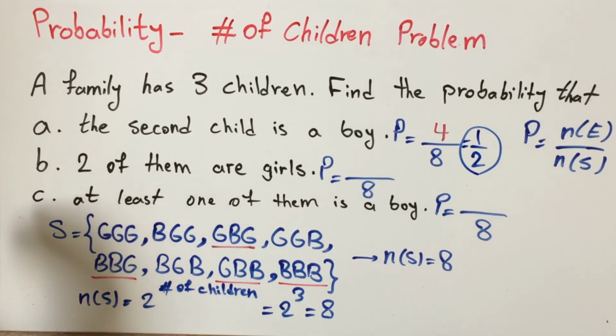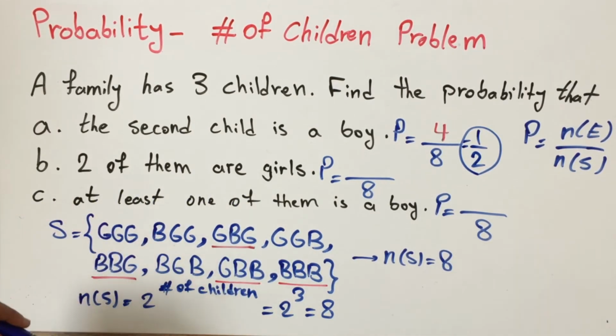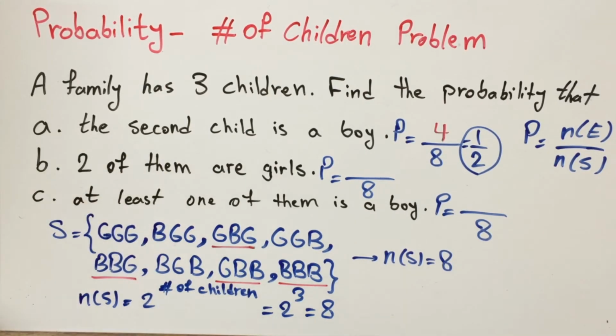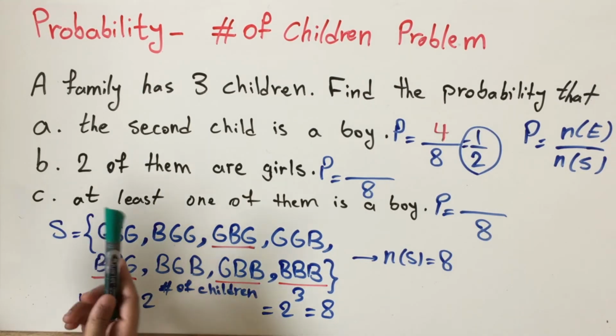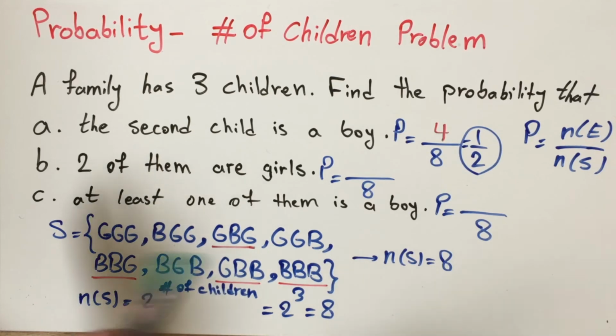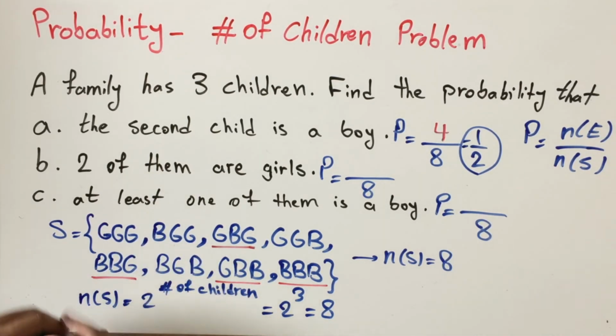How about part B? Part B says 2 of them are girls. Again, you have to look at these possible answers and find the ones that have 2 girls and obviously 1 boy. The first one has 3 girls. By the way, when it says 2 of them, it means exactly 2, not more than 2, not less than 2. The second one has 2 girls, so this is good.